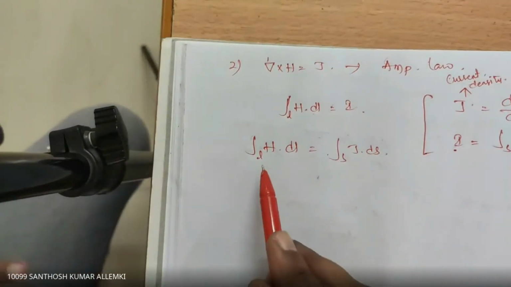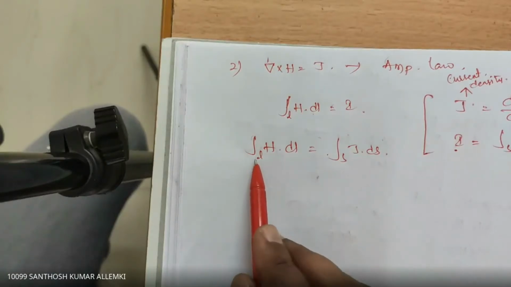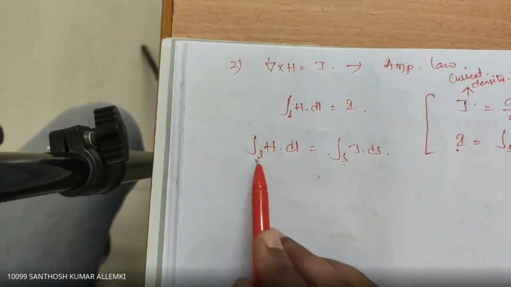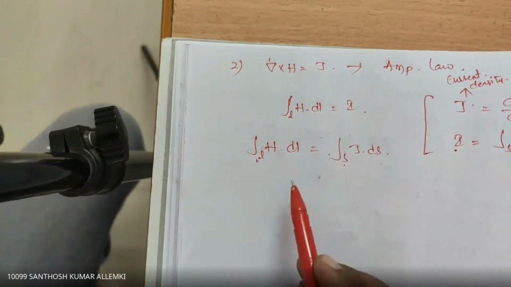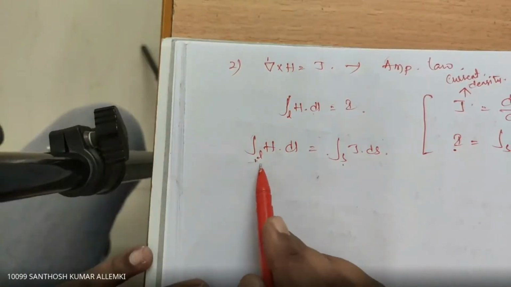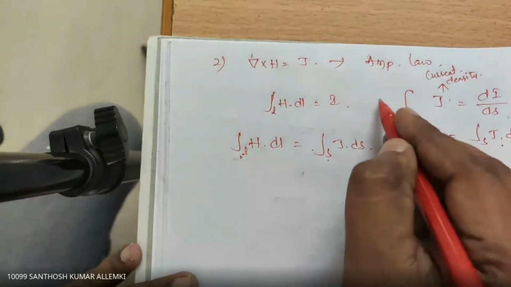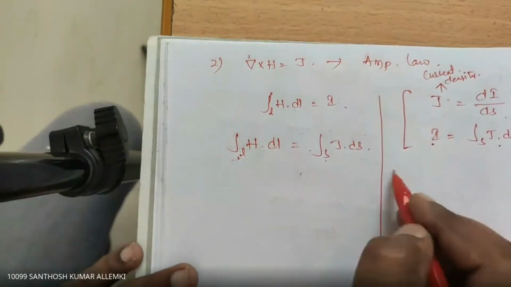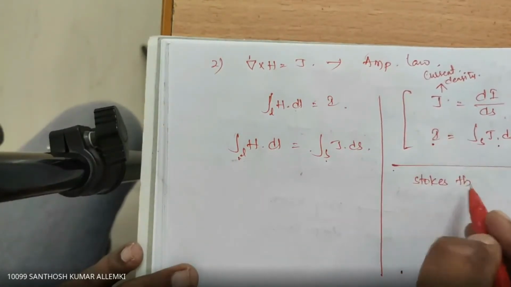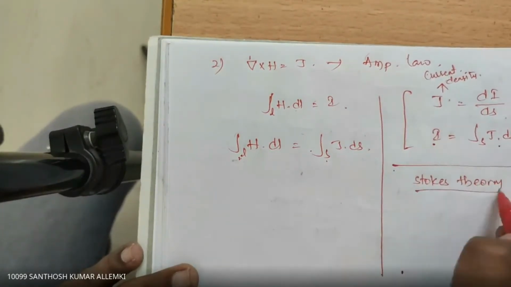Now see here, if you observe, on the left side we have a line integral and on the right side we have a surface integral. If we had a surface integral on the left side, then both surface integrations could be cancelled. So for that we need to convert this line integral to a surface integral. For that we have a theorem, Stokes theorem.